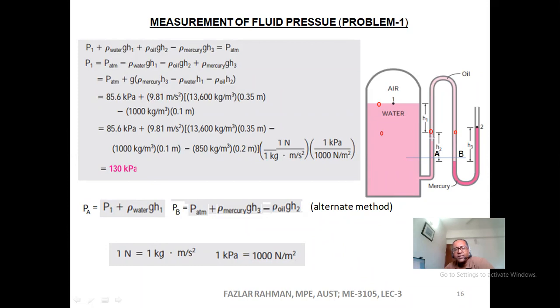At the bottom of this point we have water, and on top we have oil, right? If I take this point as belonging to the oil, then I can jump from here to here.